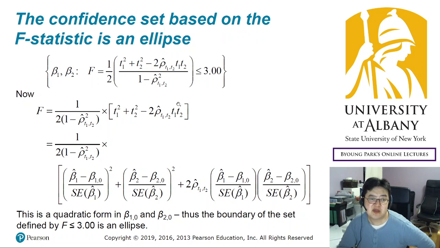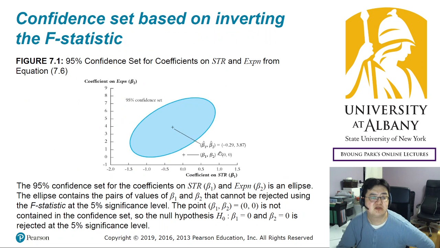Now it's mathematics. We learned the F statistic formula is given by this, and we need to calculate when this becomes smaller than 3, which is not easy. But as a result, it is an ellipse. It is not easy to calculate how we obtain the results, but the result is given by this.